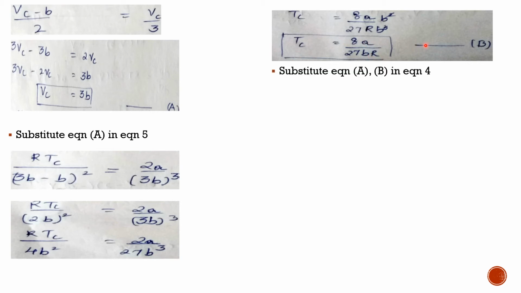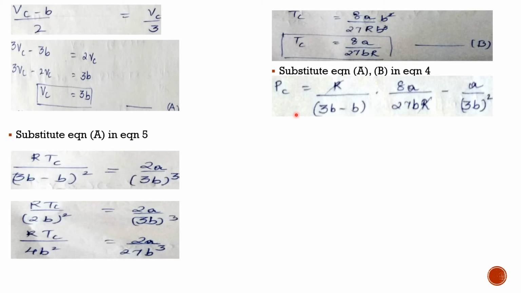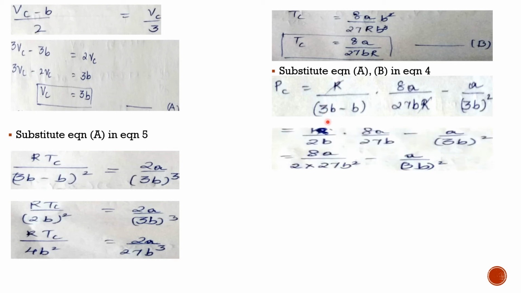Equation B. Substituting equations A and B in equation 4, we get Pc is equal to R upon (3b minus b) into 8a upon 27bR, minus a upon (3b) the whole square. R will get cancelled out. We get 8a upon 2b into 27b minus a upon (3b) the whole square.